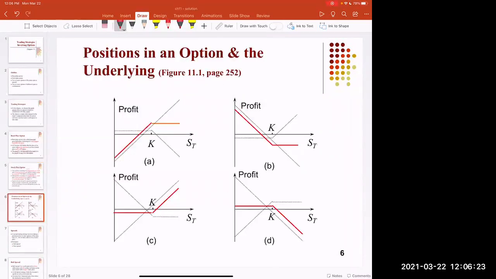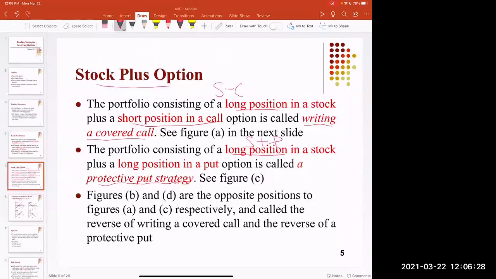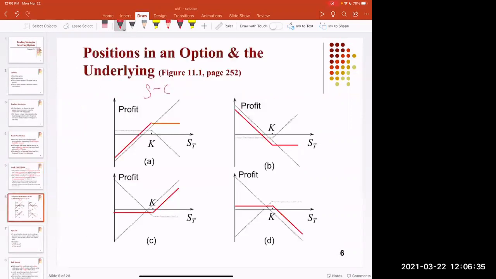So this is S minus C. Figure A shows S minus C, writing a covered call, and the figure C shows S plus P. So in the slides, you can see the two lines. One line is about S, the long position on the stock. So you see when the stock price goes up, there's a straight line. And if you take a short position on the call, you see this line for the call.